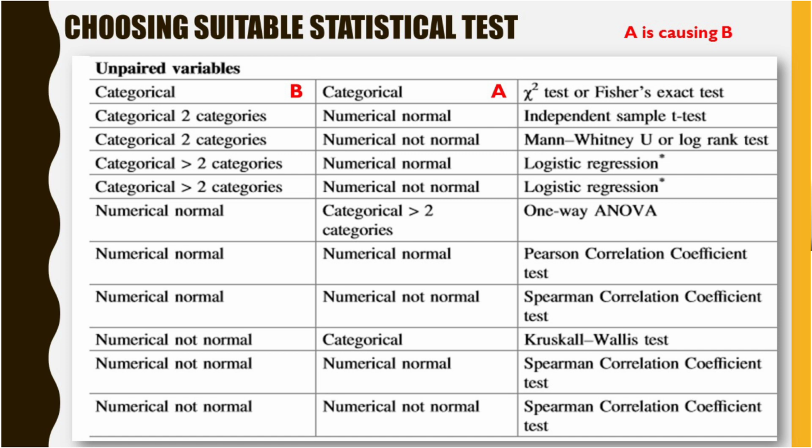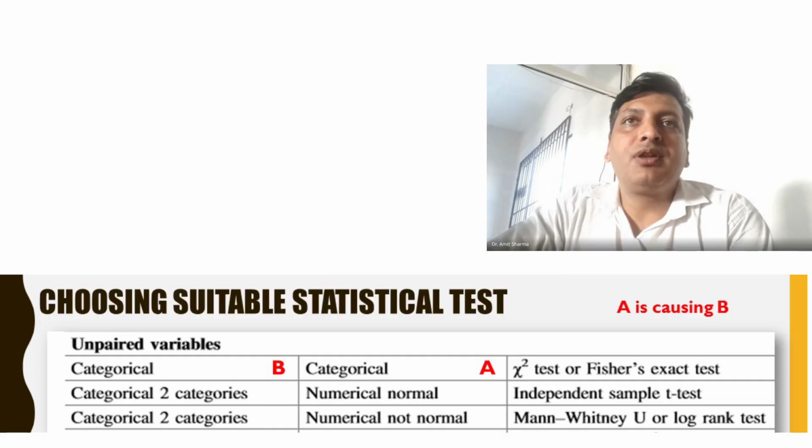For example, you want to compare the fasting blood sugar with gender. In gender we have two categories, male and female. So you can find the mean of fasting blood sugar between male and female and compare both together by applying the independent sample t-test. But suppose the level of fasting blood sugar was found not normal.